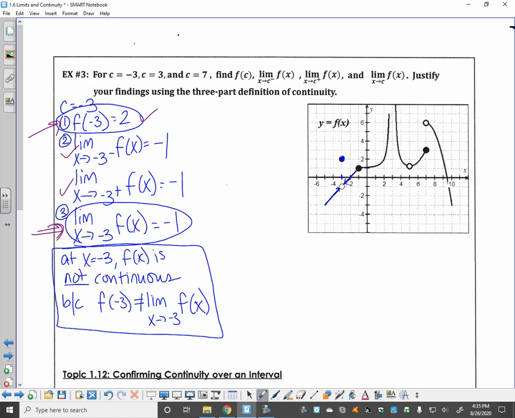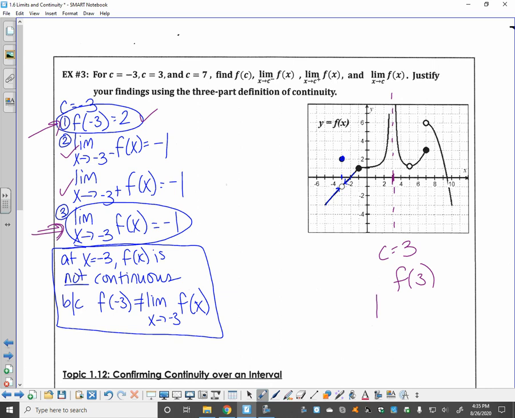Okay, so let's just talk through. Don't write, just talk. Okay, so for c equals 3, here's 3. It's an asymptote. I can see that. So if I'm looking for f of 3, it does not exist. It's an asymptote. So f of 3 does not exist. All right, the limit as x approaches 3 from the left is headed to positive infinity. The limit as x approaches 3 from the right is also headed to positive infinity.